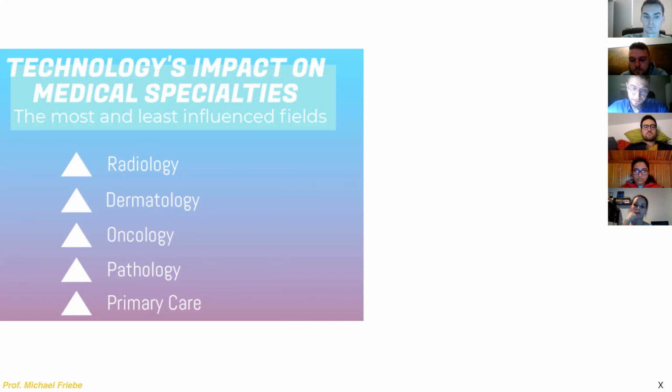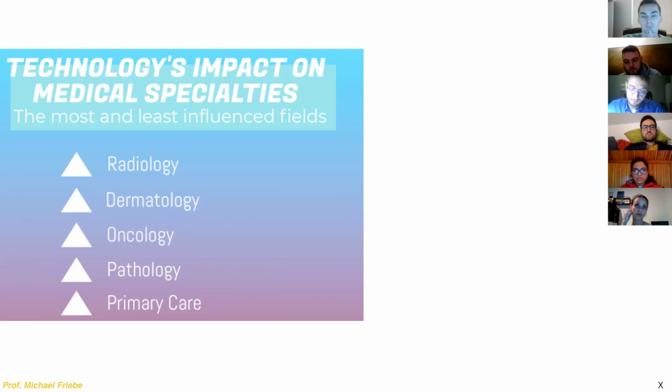Now, what do you think? These are the ones that benefit from AI the most. What do you think will not benefit from AI? Yeah, that's a really good question, because I wanted to ask, what about surgery? Some slides ago, surgery was on the list. Give me a couple that you don't believe will be affected by AI, or not affected that much.